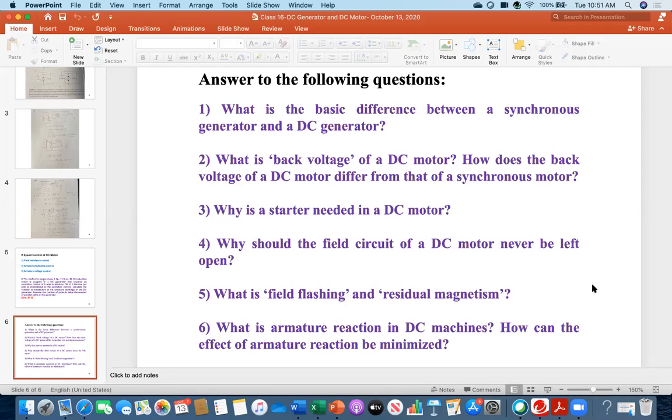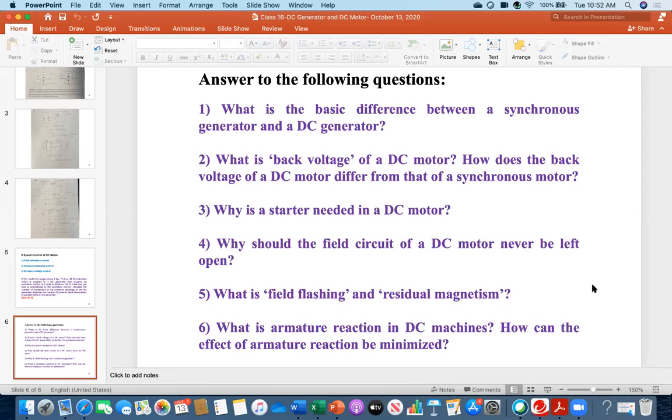So from next class, I will start the new topics, single phase motors. There are lots of motors, single phase motors, the motor used in a ceiling fan and lots of things. All those small motors I will be discussing from next class. And then finally the transients in electric machines.